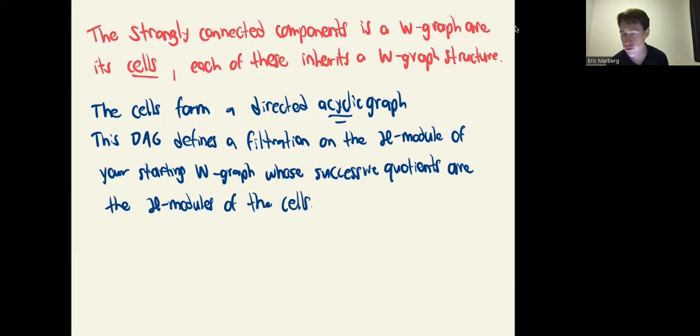So this is how finding the cells in the W graph is going to give you a decomposition of your original H module. Though the cells are not literally submodules, they define this filtration.